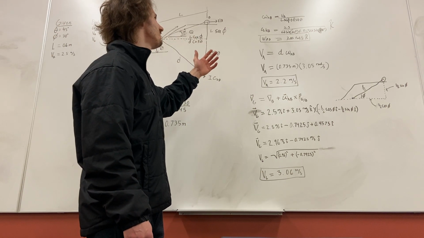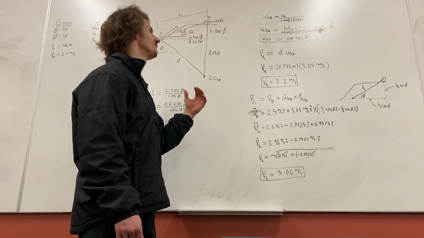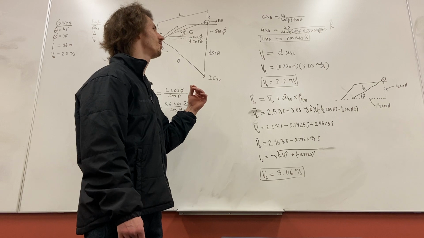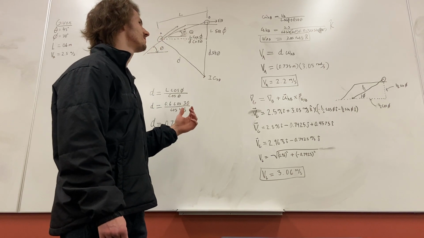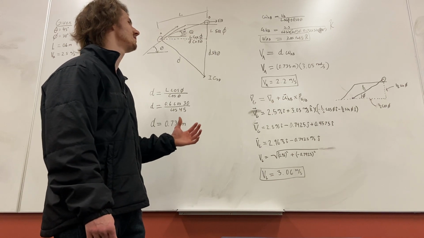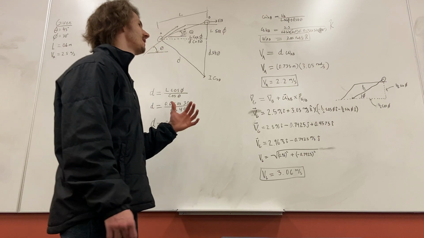So omega AB is equal to 2.5 over 0.6 sine of 30 degrees plus 0.735 sine of 45 degrees, which comes out to omega AB equal to 3.05 radians per second in the K hat.